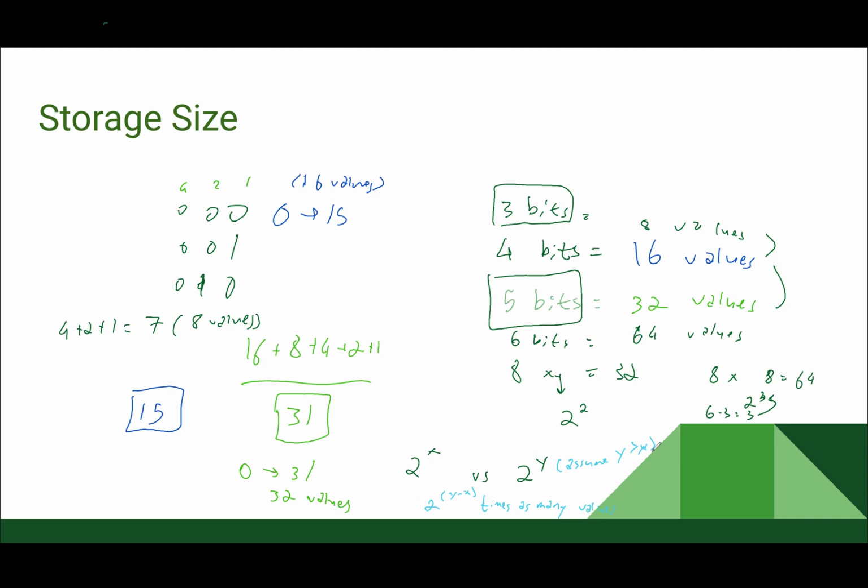So 2 to the y minus x times as many values can be stored in a binary value with y number of digits. Does that make sense? Roughly? Okay.